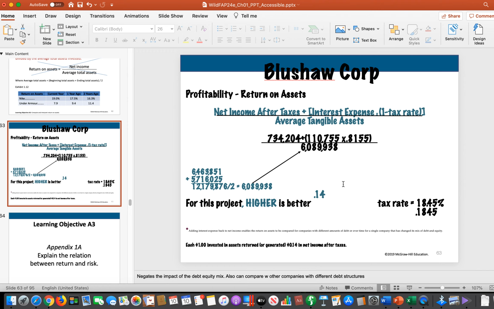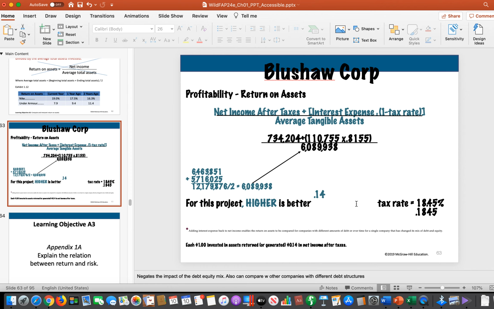Okay? Now, the reason why this is done this way, well, I won't get into it. I give an explanation down here. It's to take into consideration that different companies have different mixes of debt and equity, and that affects net income. You want to take that into account.